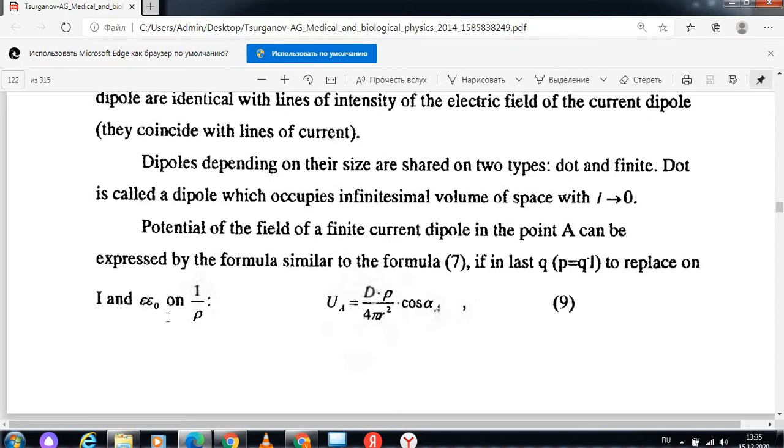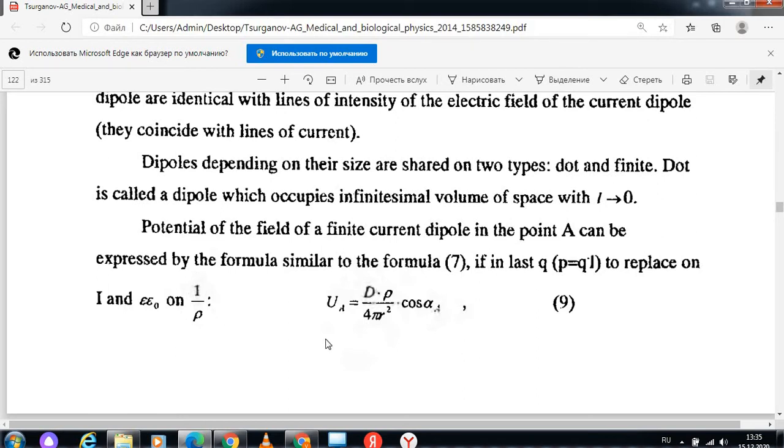When we turn to this formula again, we need to replace the product of the dielectric properties of the vacuum and the electric properties of the medium, the spatial constant and features of the medium, with 1 divided by rho, the reversed rho, another Greek letter.